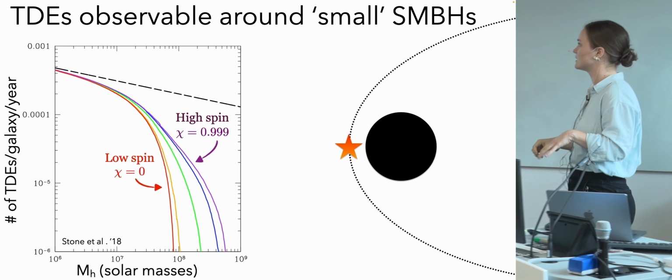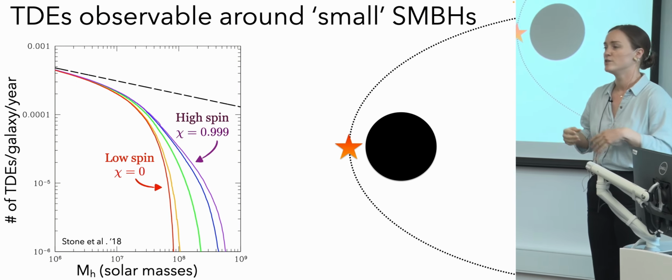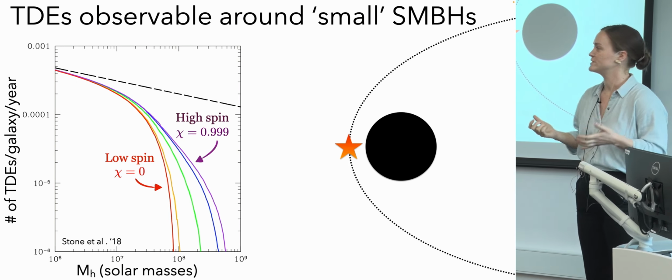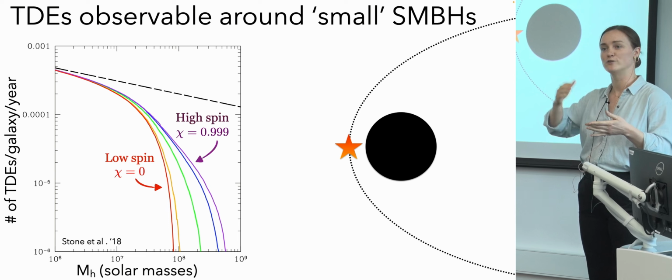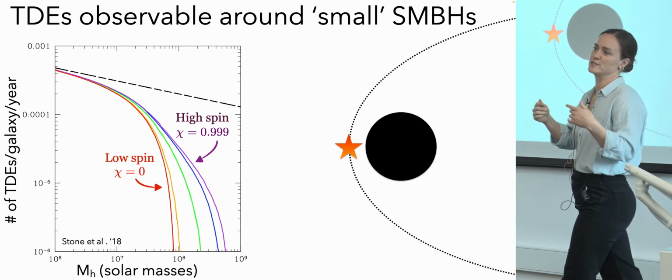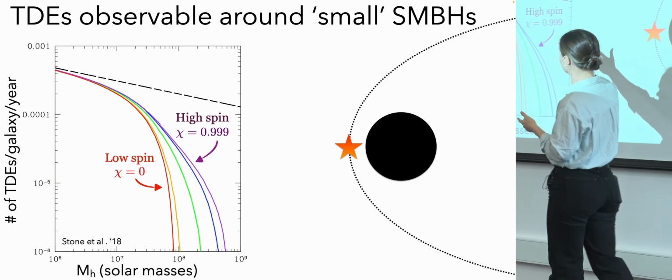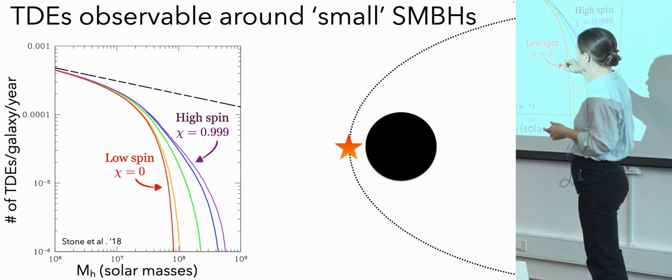Now, TDEs are actually preferentially observable around small supermassive black holes. The reason being, well, part of the reason being simply that as the black hole gets particularly large, above 10^8 or so, the disruption is occurring inside the event horizon, so we're not going to see anything. And this is a plot that's basically showing that.